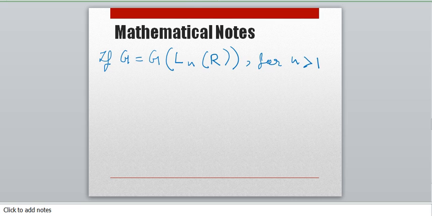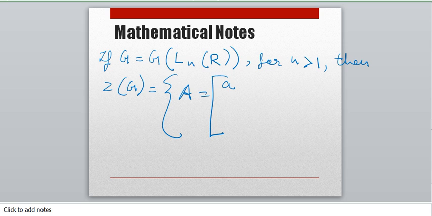Then the center Z(G) is equal to the matrix A, given such that it has A on the diagonal: A, 0, 0 and so on, then 0, A, 0, then 0, 0, A, like that.